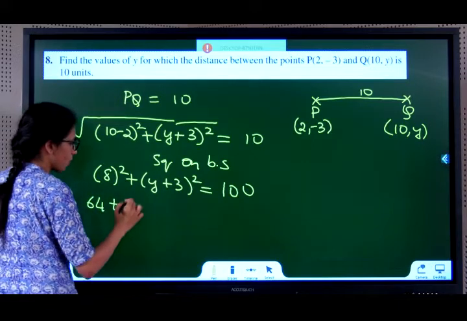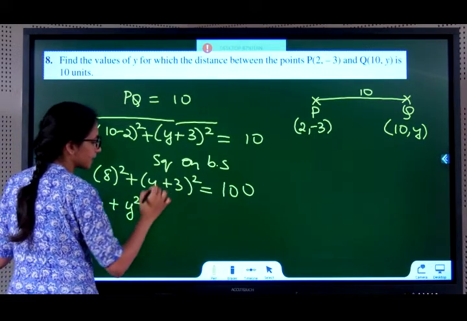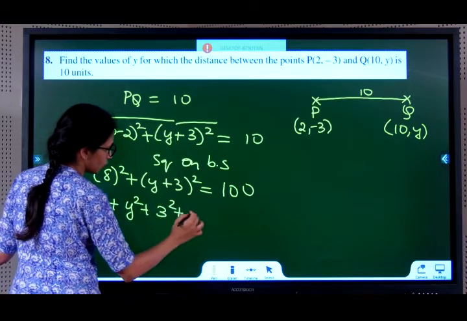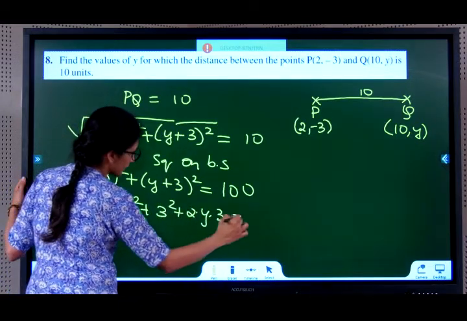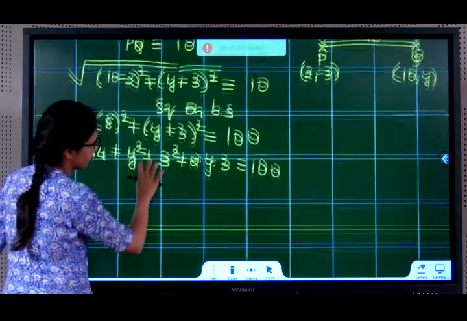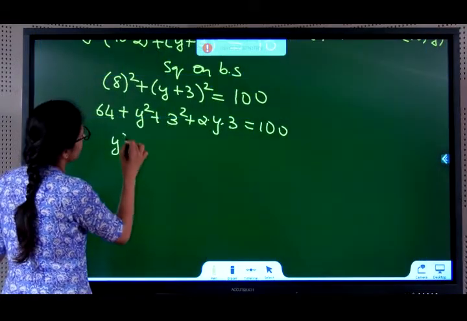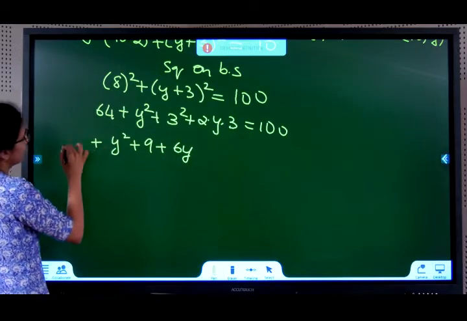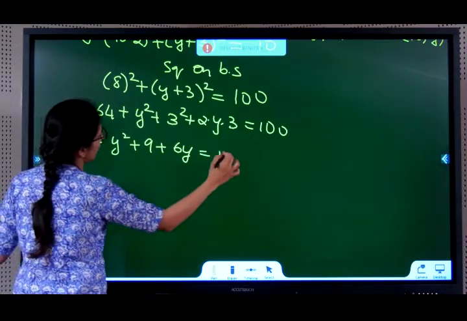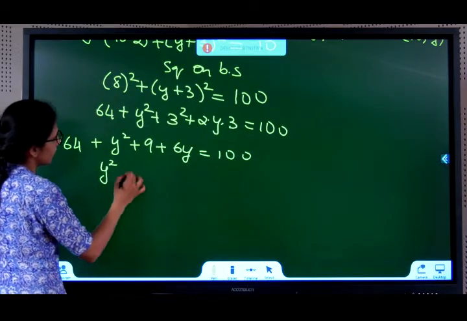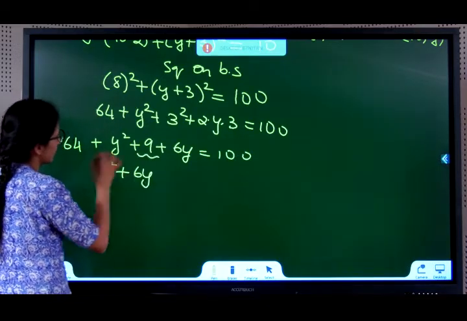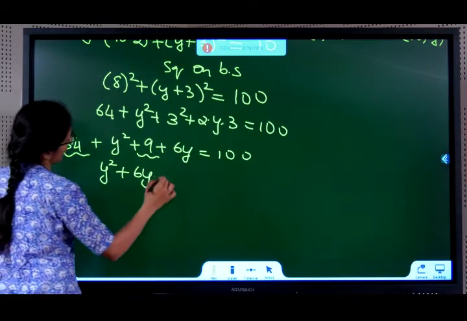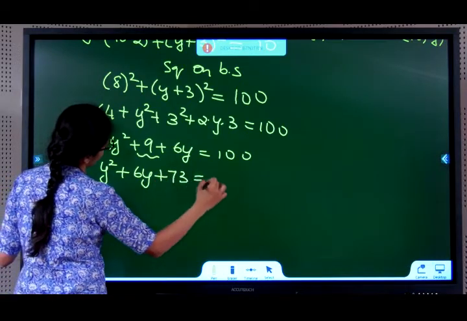64 plus y square plus 3 square plus 2 into y into 3 is equal to 100. y square plus 9 plus 6y, there is a 64 here, is equal to 100. y square plus 6y, 9 plus 64, 73, is equal to 100.